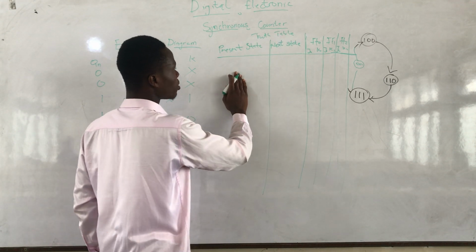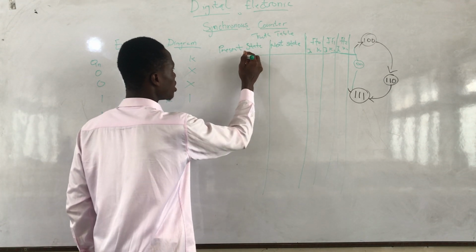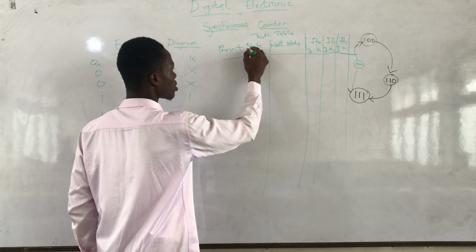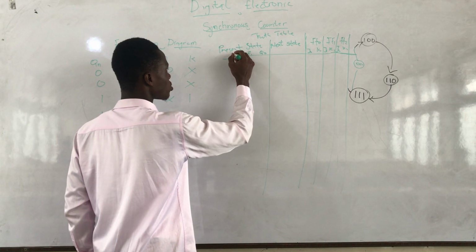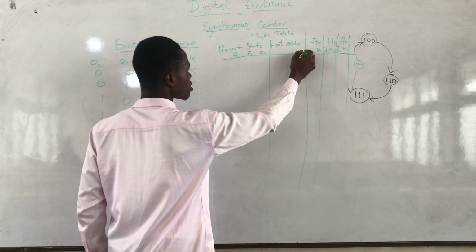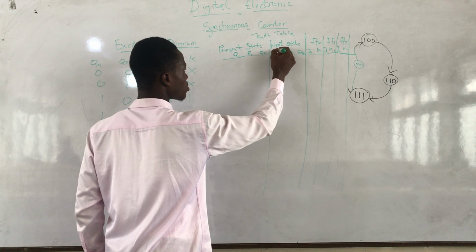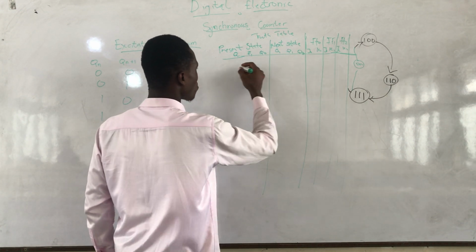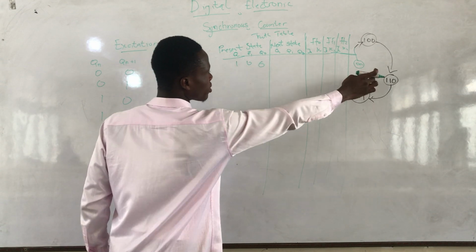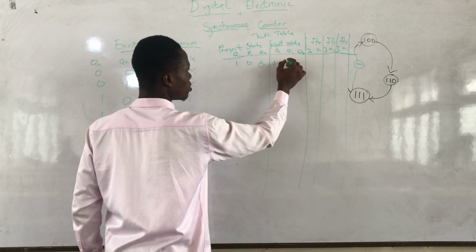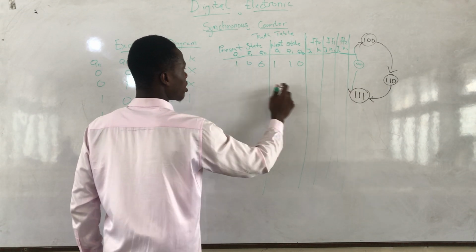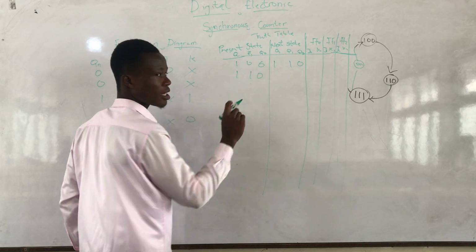With our truth table, we can have our input as Q0, Q1, and Q2, here to Q0, Q1, and Q2. Our first stage is 1, 0, 0. Next stage is what? 1, 1, 0. 1, 1, 0 will be repeated here.